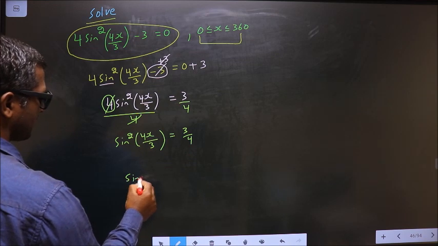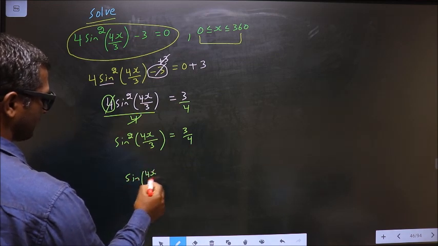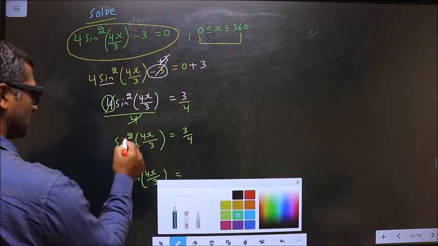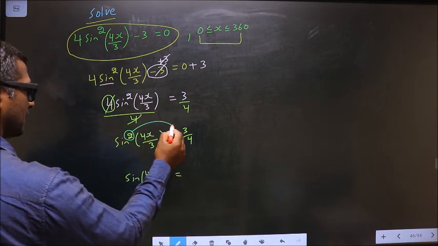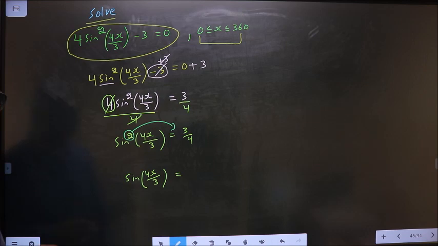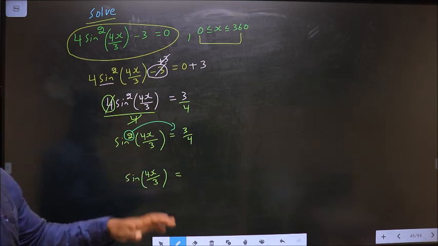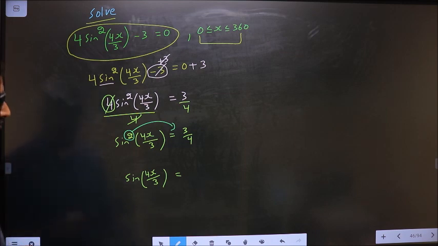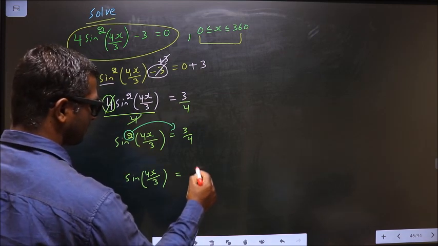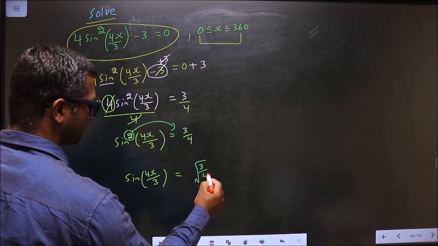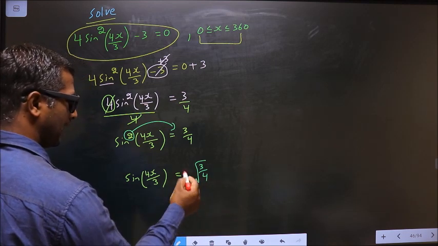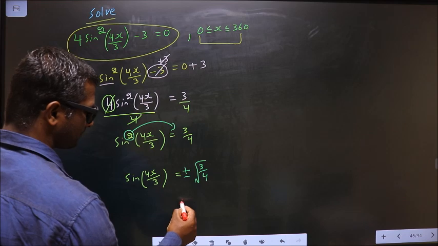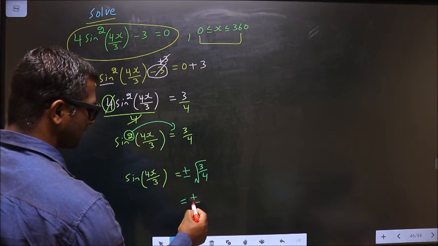Now to get sine, we should shift the square to the other side. Whenever square gets shifted to the other side, it will become square root. So you get square root of 3/4. Not only that, you should consider both positive and also negative, so we get plus or minus.